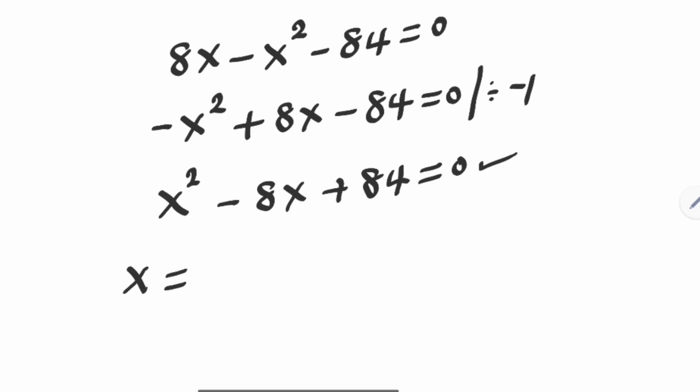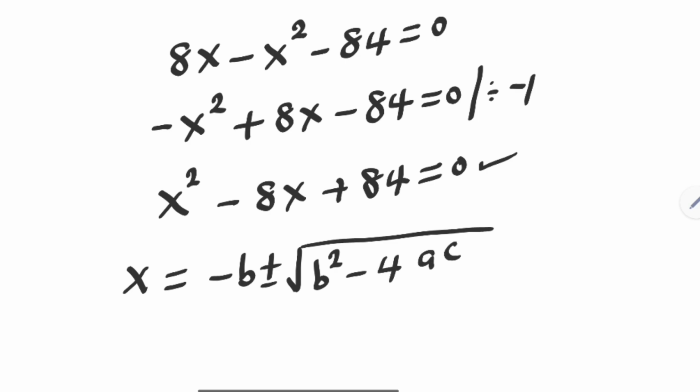x is equal to negative b plus or minus square root of b square minus 4ac, divided by 2a.